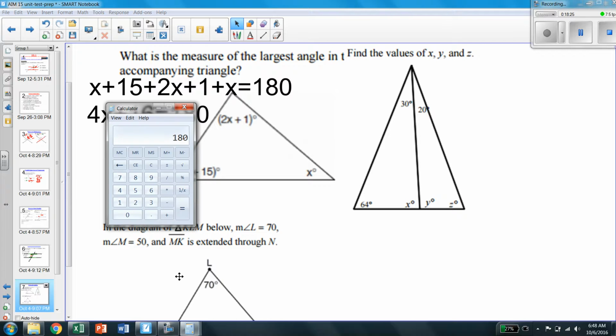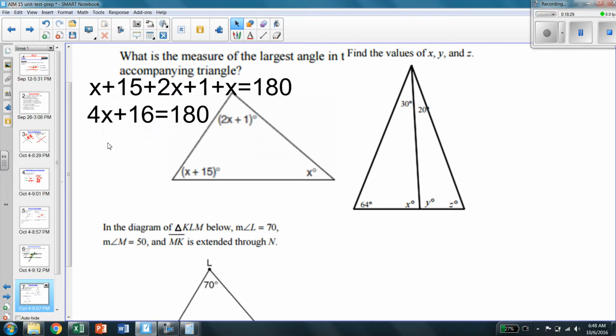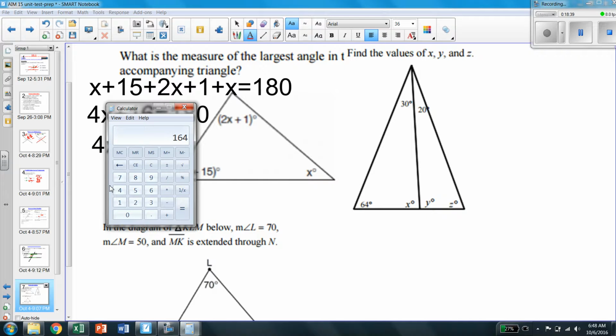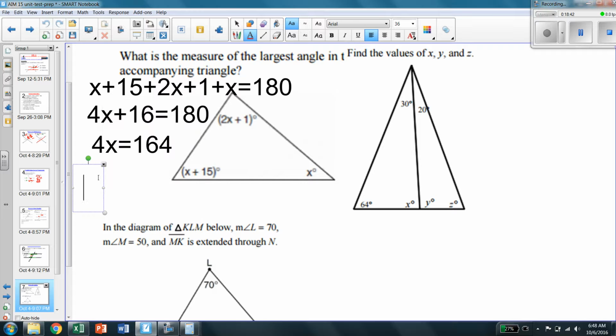So 180 minus 16 is 164. 4x equals 164. 164 divided by 4 is 41. x is 41.